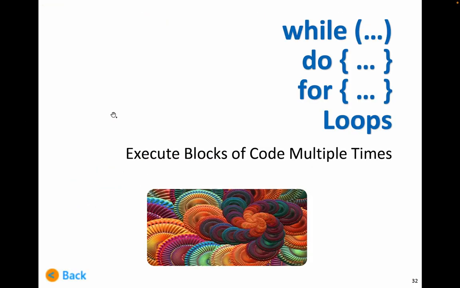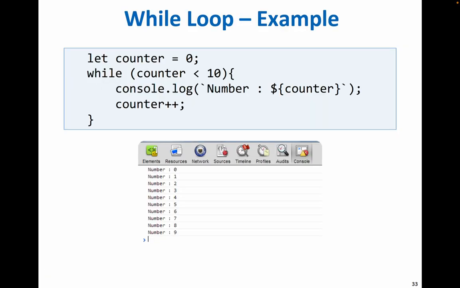All right, then the while, do, and for loops. Again, for the while loops, JavaScript is following Java syntax, where we have the while, within the parentheses we write our condition, and we define the while block with curly brackets.